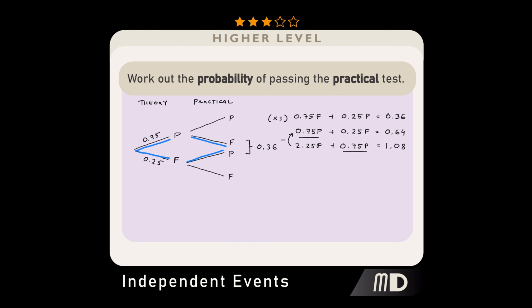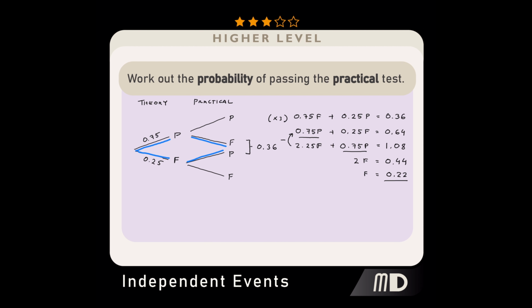So 2f is equal to 0.44, which, after dividing both sides by 2, gives us a value of f equal to 0.22.